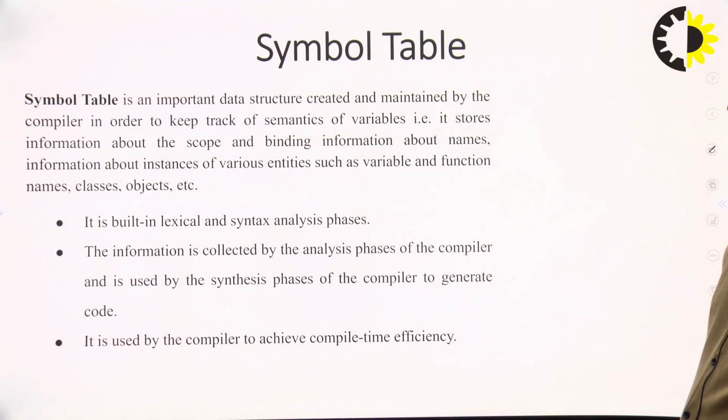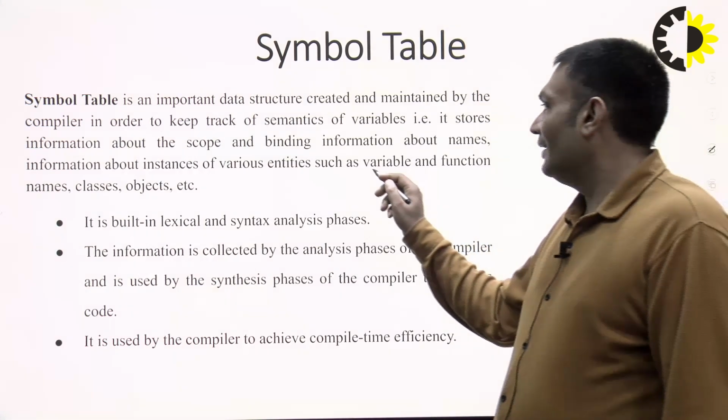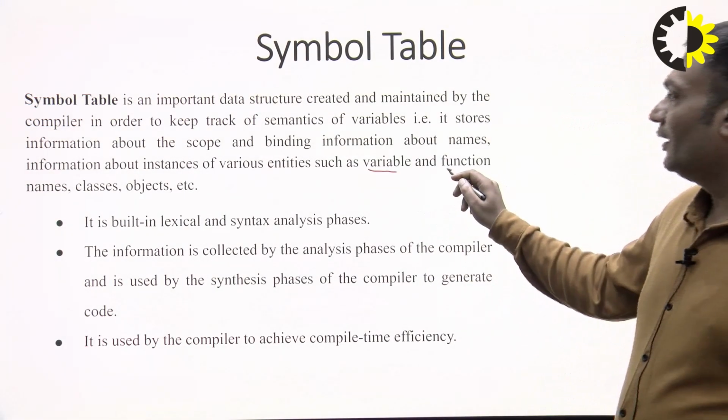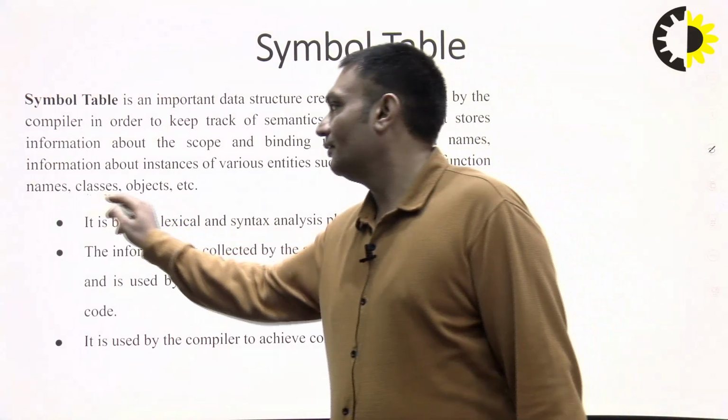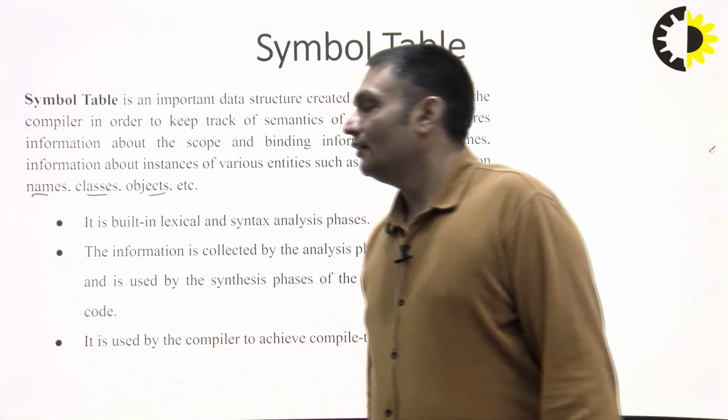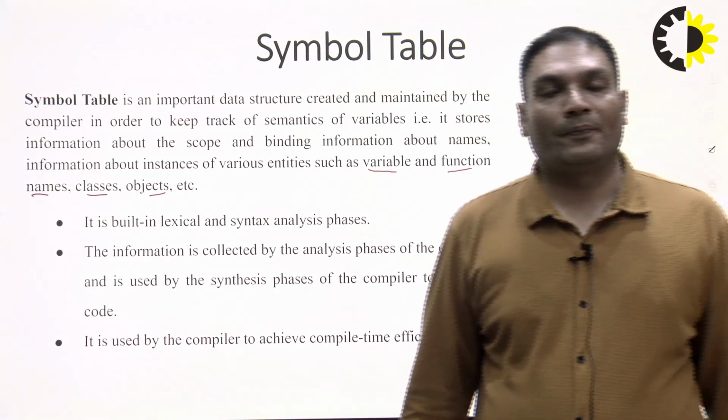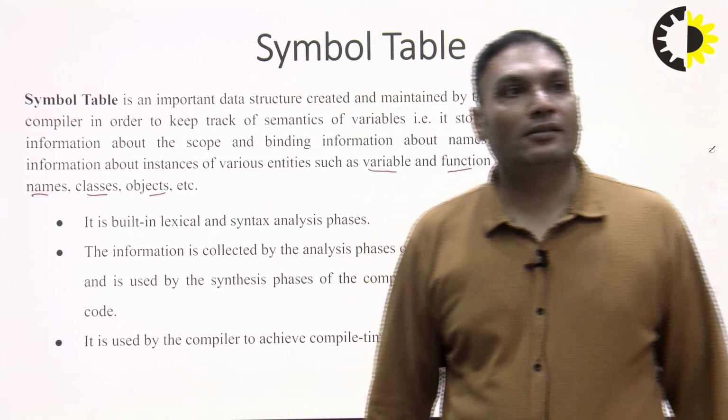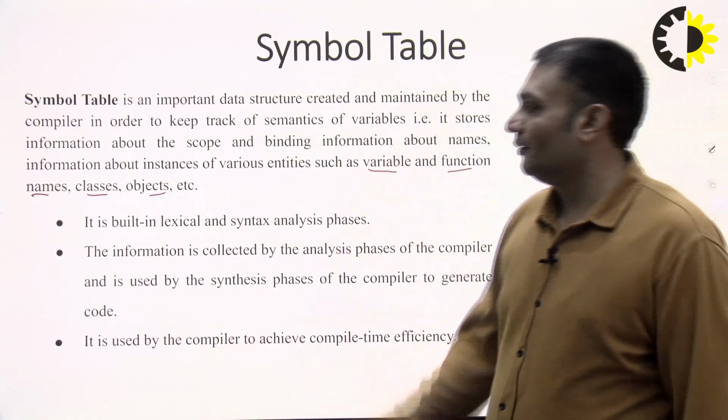This information related to variables, functions, names, classes, and objects is stored in a data structure, and this data structure is called a symbol table.